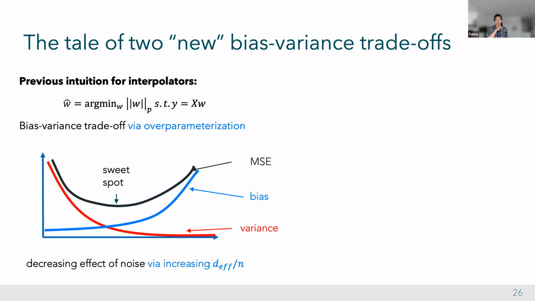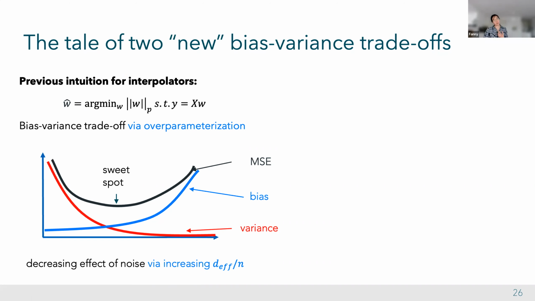And so we discussed first how over-parameterization can decrease variance, leading to a new bias-variance trade-off as we vary the degree of over-parameterization. However, previous work that does this does not take into account what happens when we try to change the interpolator and use different interpolators.